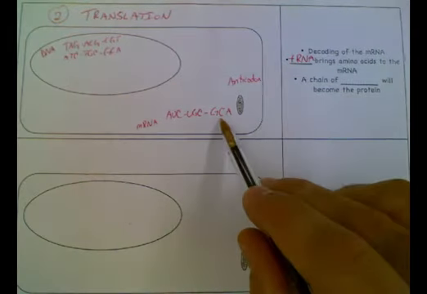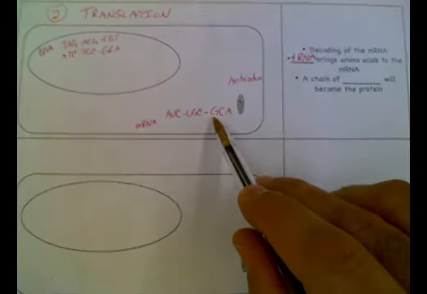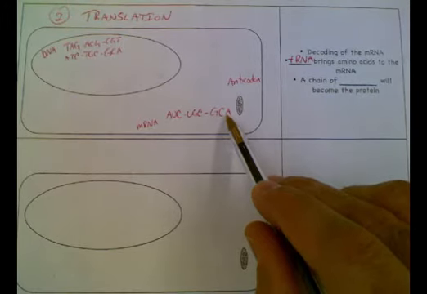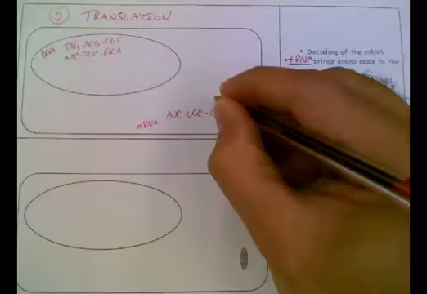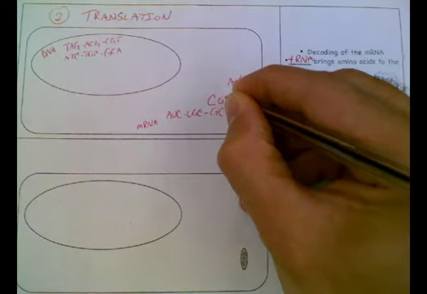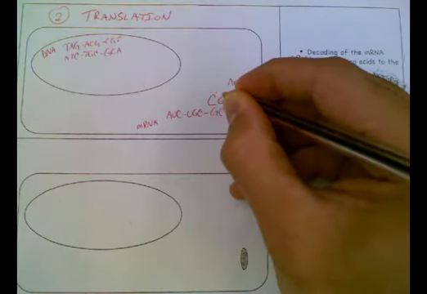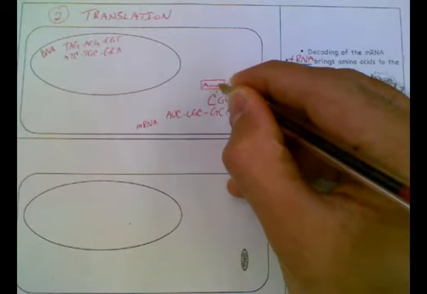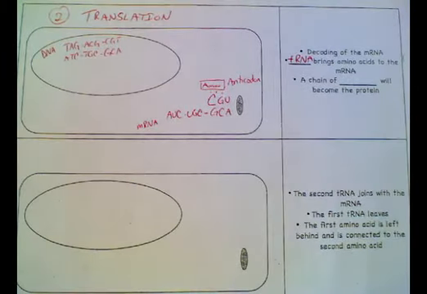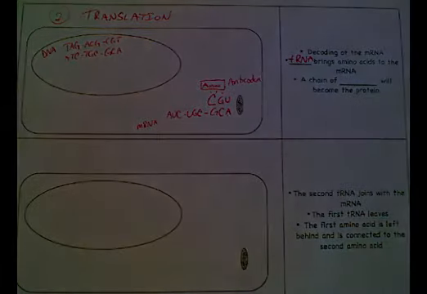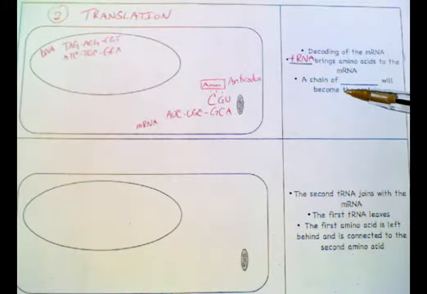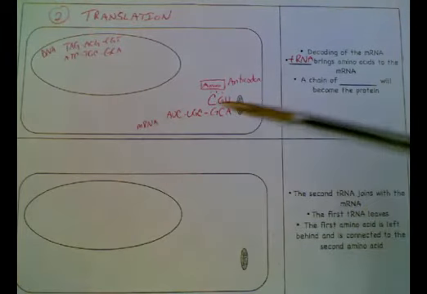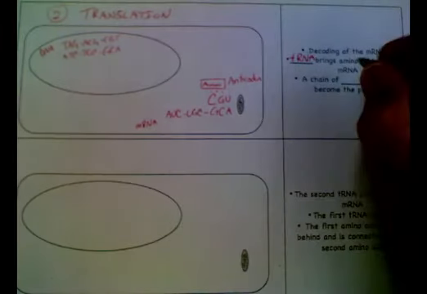The ribosome reads the first code here, GCA, and brings in the tRNA anticodon CGU, which will have an amino acid attached to it. The end result will be a long chain of amino acids, which will become the protein.